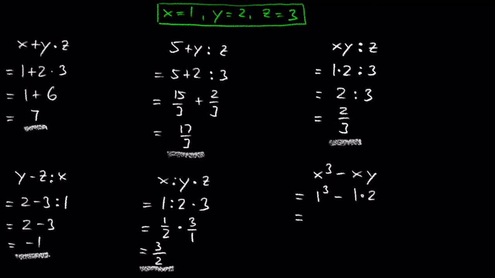You can make that clear for yourself with putting parentheses here, which are not necessary, but it's not wrong and can be helpful for beginners. So 1 times 1 times 1 is 1. And 1 times 2 is 2. So we get 1 minus 2, which is negative 1.